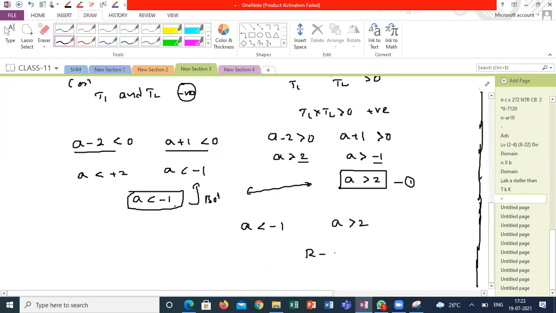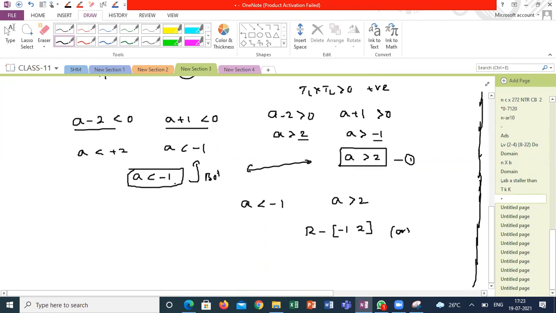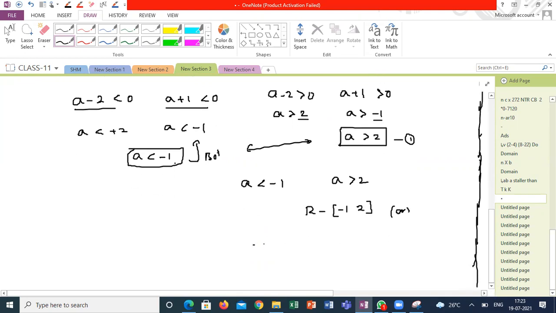So R minus the interval minus 1 comma 2, or I can write minus infinity to minus 1 union 2 to infinity, because I could not take values from minus 1 to 2 as the values of A. This is your GIF of x belongs to. Got it what I'm saying?